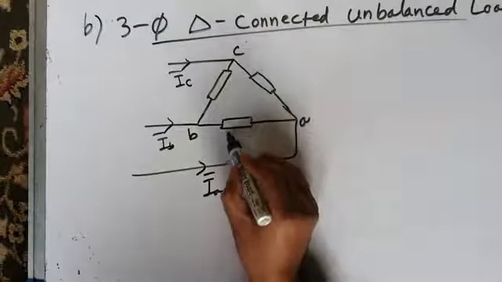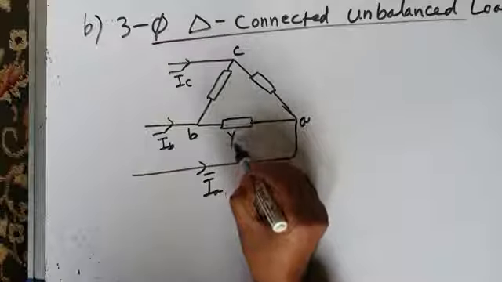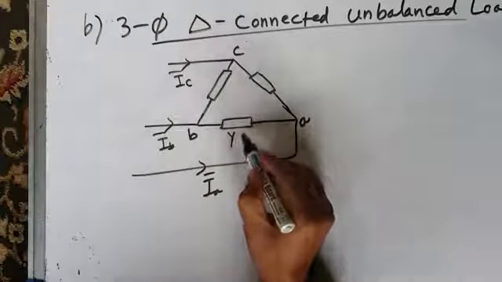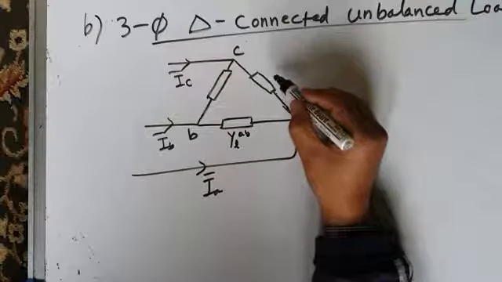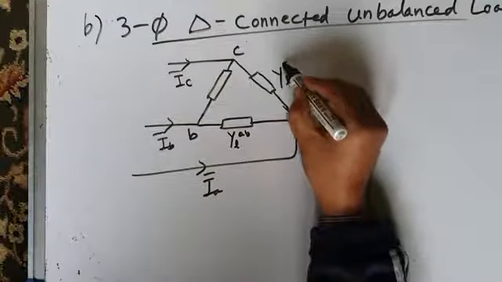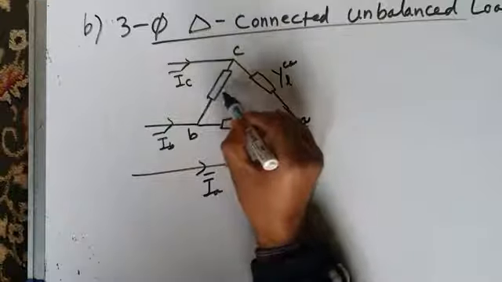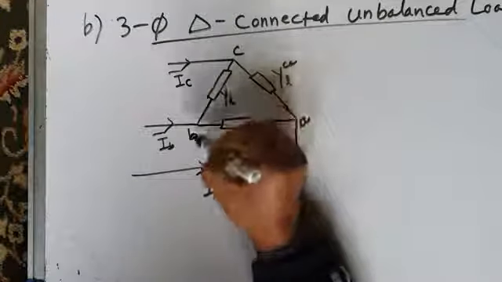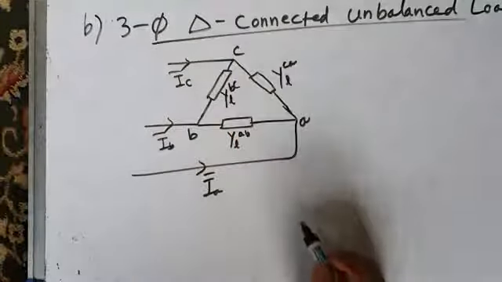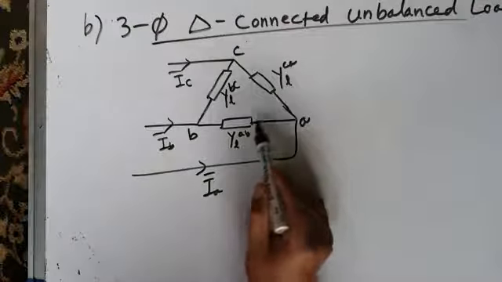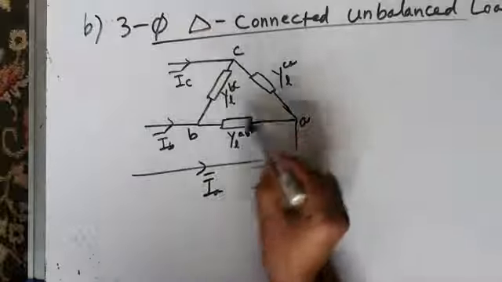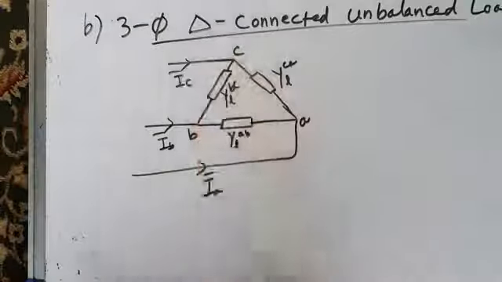This is load admittance YLAB between A and B. This is load admittance YLCA between C and A, and this is load admittance YLBC. And there are phase currents also. So these are load admittances and these are line currents.